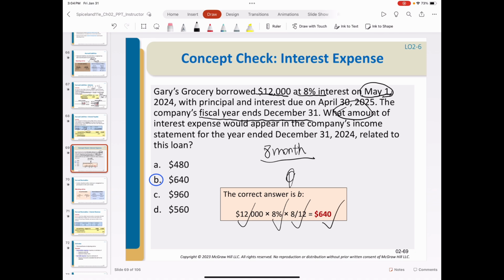So the interest expense to be recognized is $640, which represents 8 months' interest expense. And the journal entry will debit interest expense and credit interest payable. The interest will be payable on April 30th, 2025, next year. The company is going to pay the principal plus all the interest on April 30th, 2025.